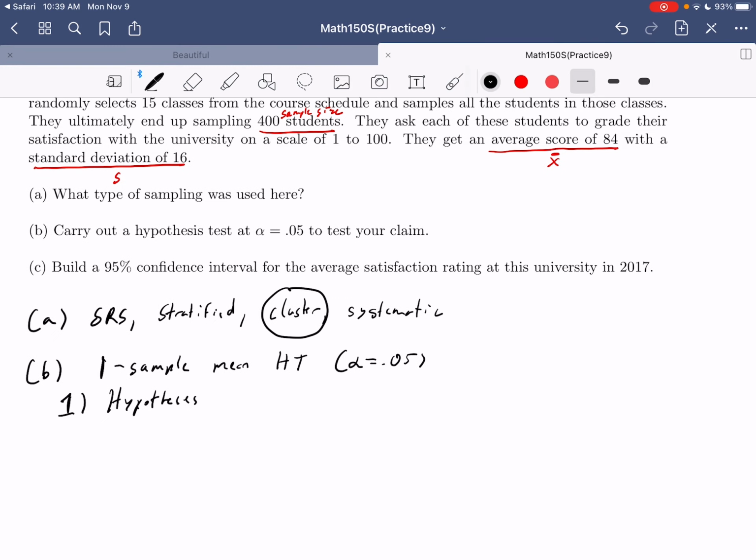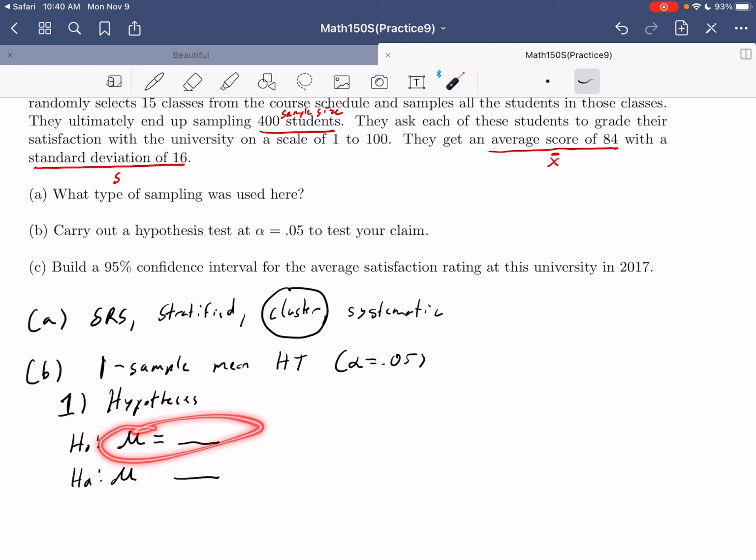So what do the hypotheses look like? Well, it's always a null and an alternate. Because we're doing one sample mean, the format is going to be mu equals a value, and then mu some inequality, and that same value. So once again, we have two things to determine here. What value is going to go in those two spots, and then what inequality? Well, what should this null hypothesis be?